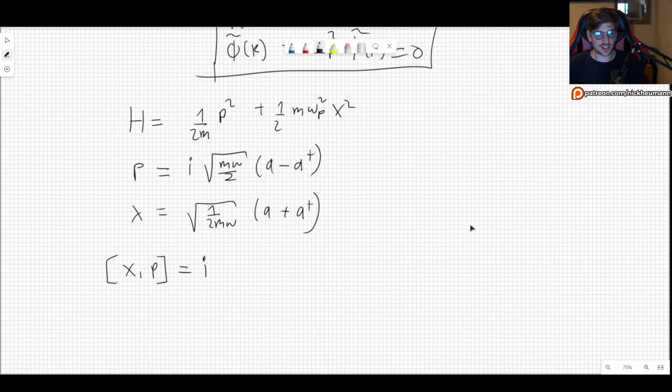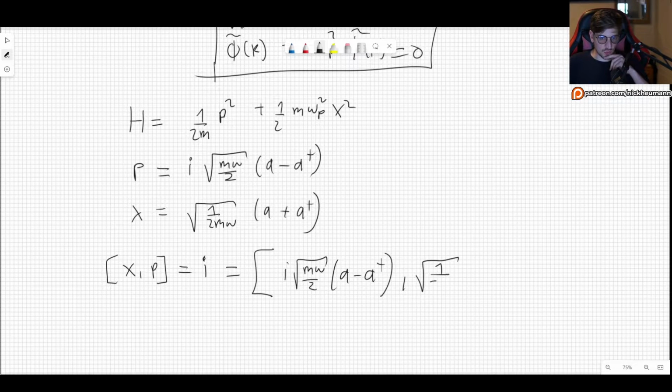So let's just go ahead and check this so that we can refresh ourselves a little bit on how we work with these kind of equations. So let's just plug in x and p. We can pull the constants out. Actually, maybe let's just go step by step so that nobody is confused here. So here we have the commutator of i square root of m omega over 2, a minus a dagger, comma, square root of 1 over 2m omega, a plus a dagger.